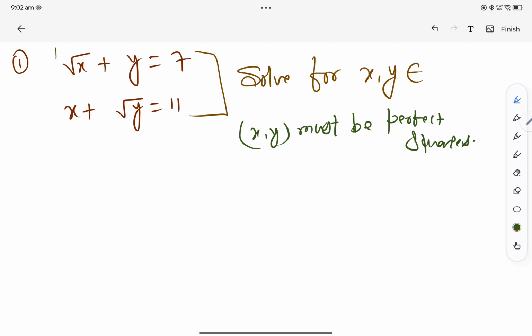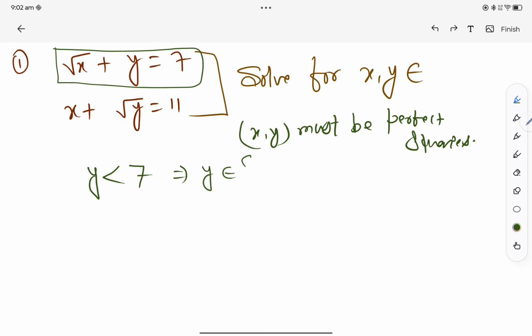If you interpret this equation, you notice that y is a perfect square integer and it must be less than 7. So it can be any perfect square number less than 7, so y must be 1 or 4.